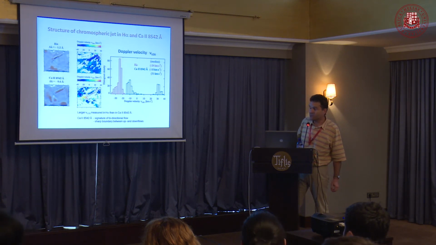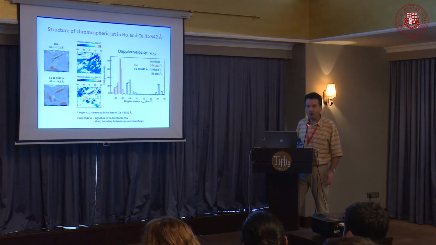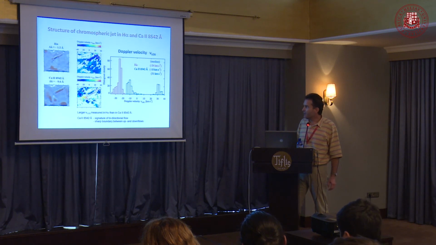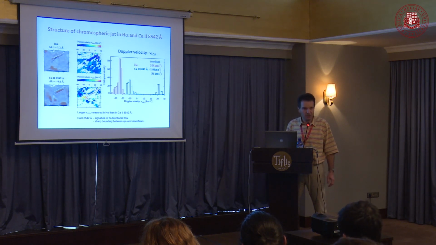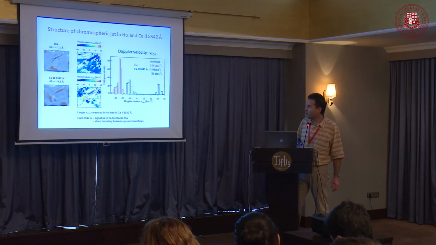Apparently, the line of sight velocity is much larger in the H-alpha observations of this jet. And we see this kind of bifurcation of Doppler velocity occurring within the jet observed in the infrared calcium line. Again, it's quite an interesting feature, but we need to check these results more carefully to be sure that we really see signatures of possible bidirectional flow occurring within this structure.